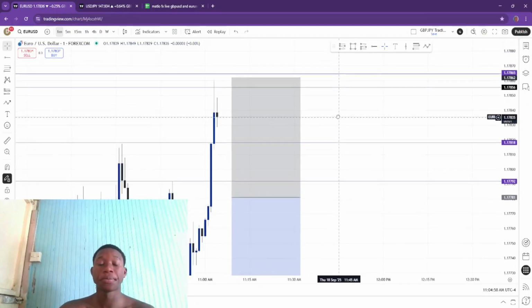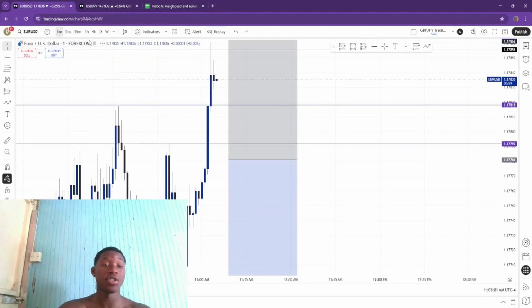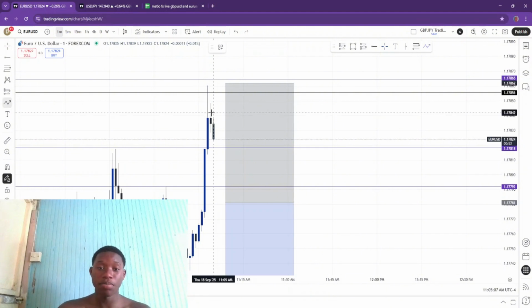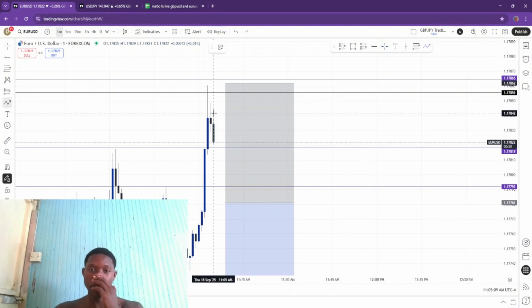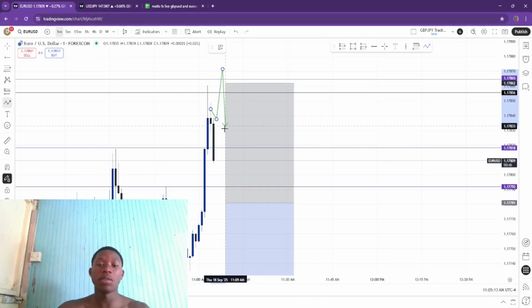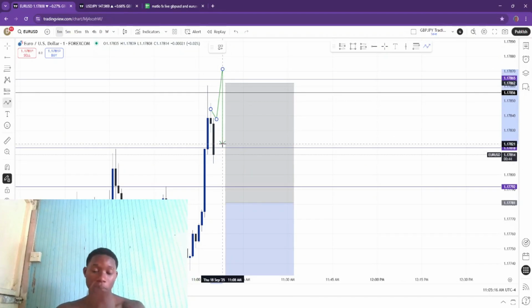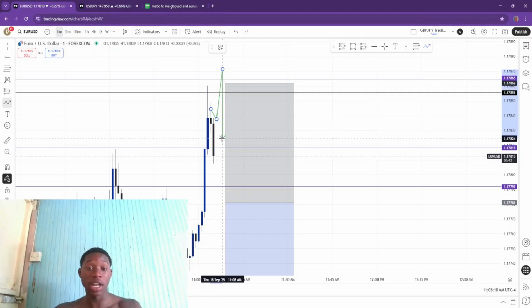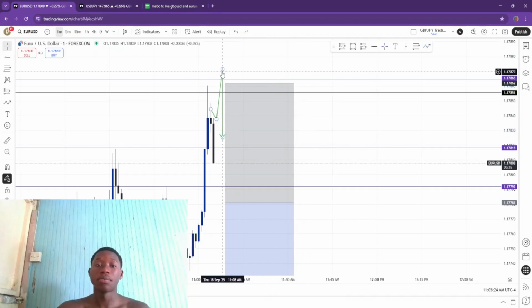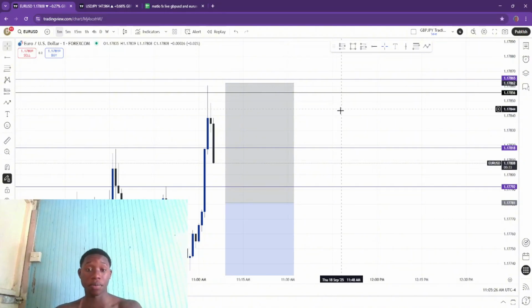And looking like a lovely trade, not gonna lie. On Euro USD, price closed with that. All we're missing is for price to come up, because price just created a low there. We're missing for price to come up, sweep that liquidity point, then break that structure with an engulfing candlestick. That's all we're missing.